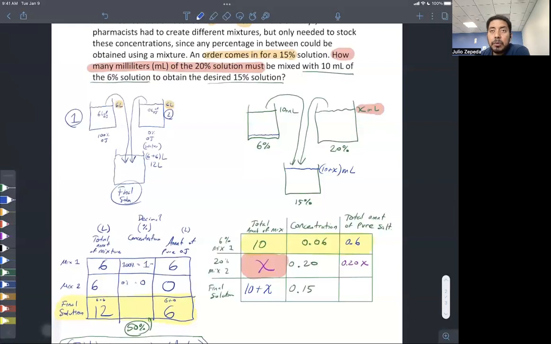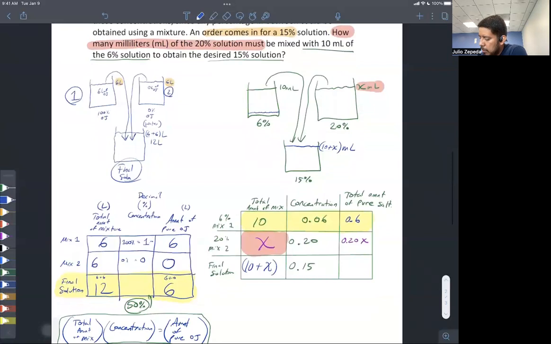And then the total amount of pure salt in that final solution, we would multiply 10 plus x times its concentration, 0.15. So this is going to be 10 plus x times 0.15.